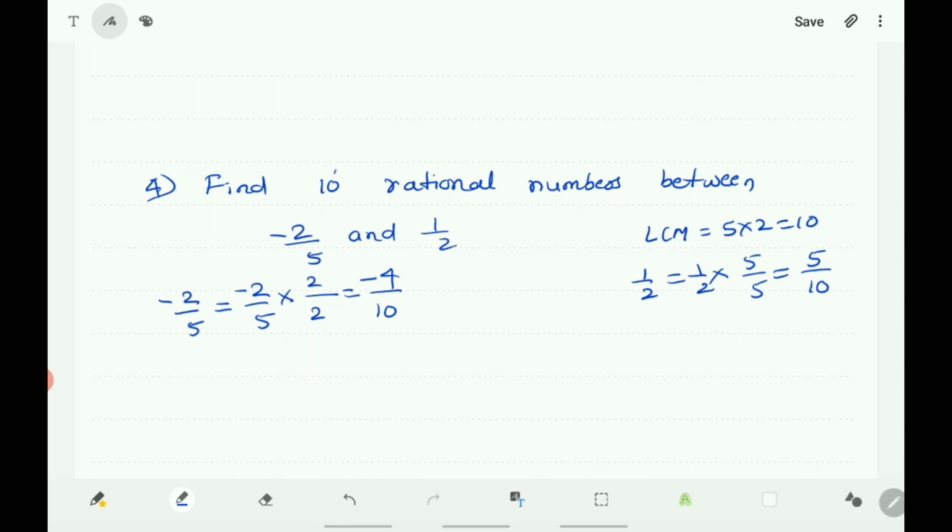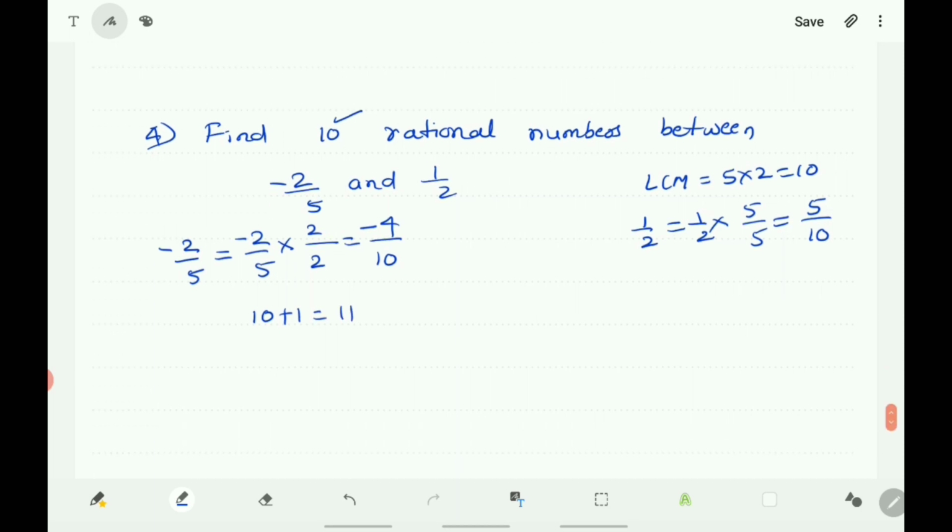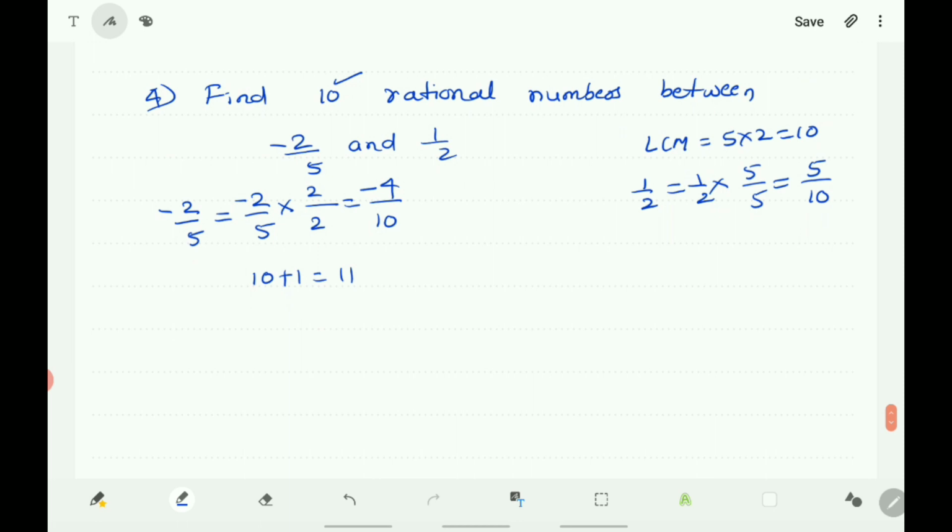Now you must find 10 rational numbers. So you take 10 plus 1, which is 11. Then you take the first one, minus 2 by 5, which is converted to minus 4 by 10. You multiply both numerator and denominator by 11.